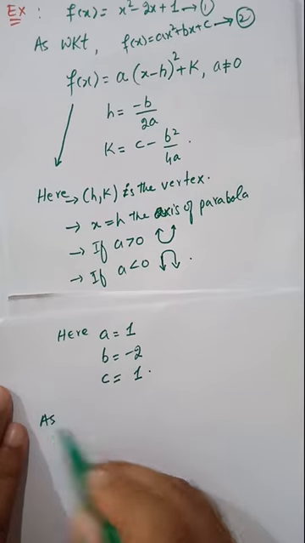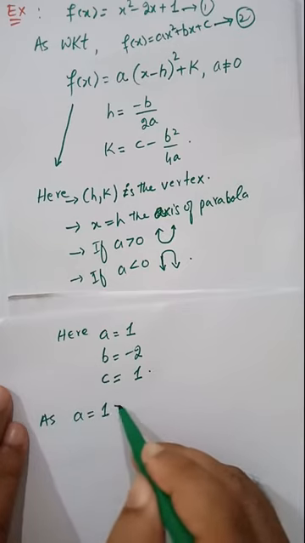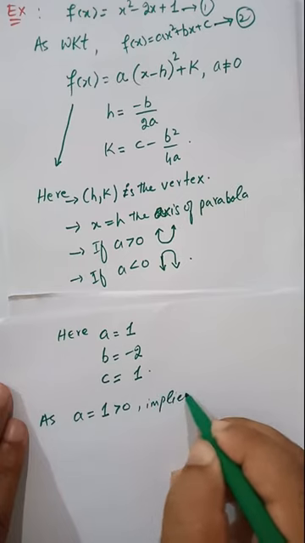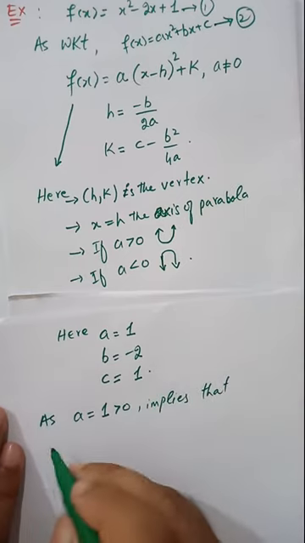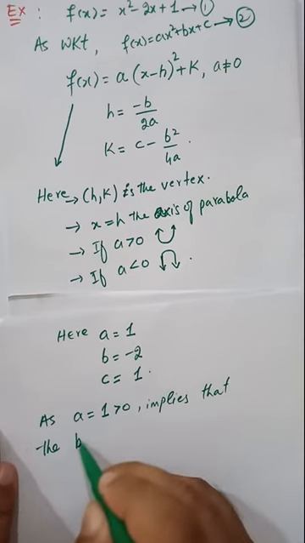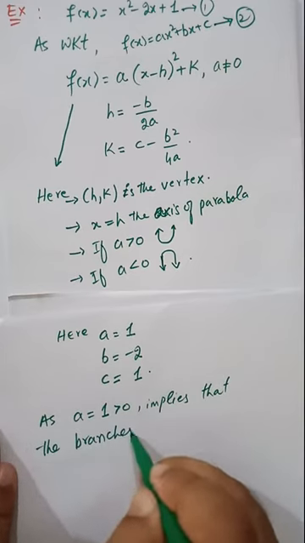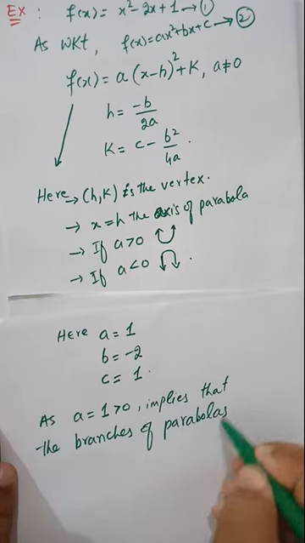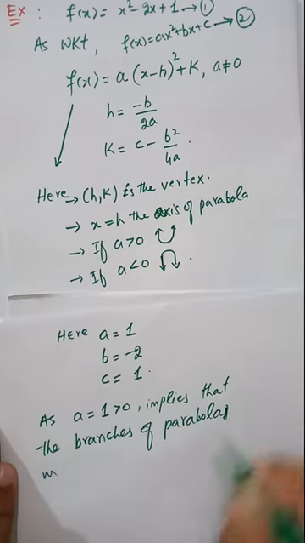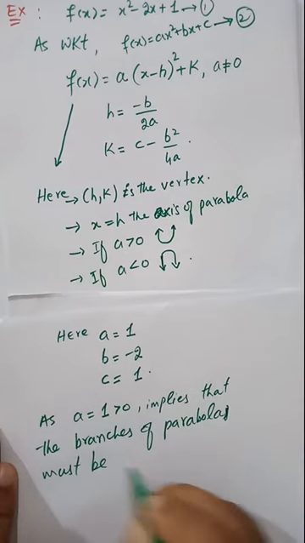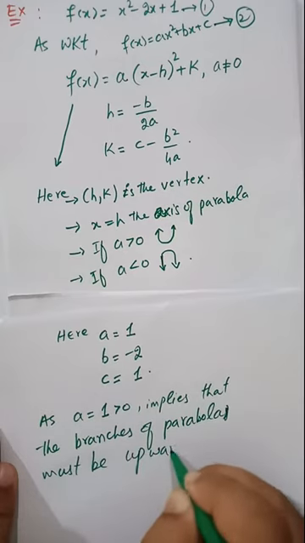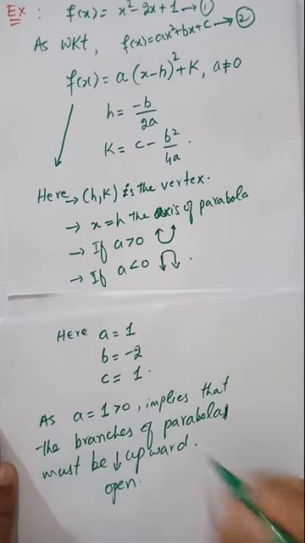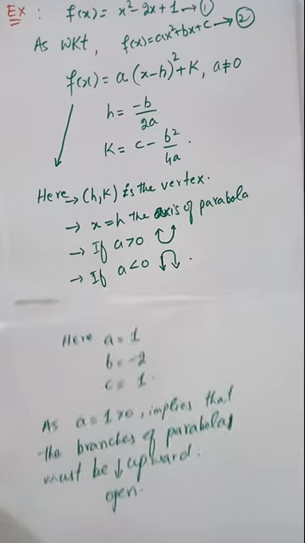So a is equal to 1, which is greater than 0, implies that the branches of parabola must be open upward. We get this from here.